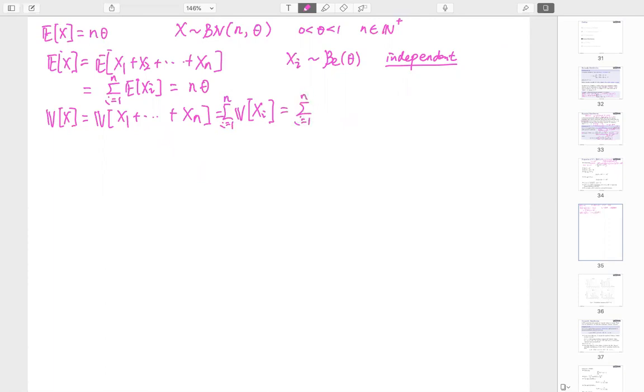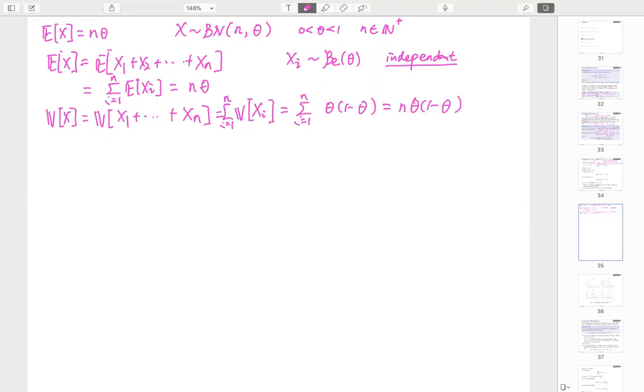Obviously I already know for each one the variance is theta times 1 minus theta. That is the result from the Bernoulli distribution as well. So again, I easily prove the variance is n times theta times 1 minus theta, right? If you truly understand my construction of the binomial distribution, I don't think you really need to memorize. It's rather straightforward to understand those two results.